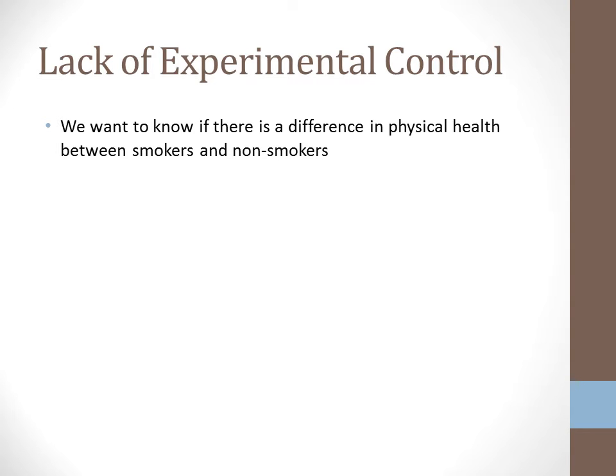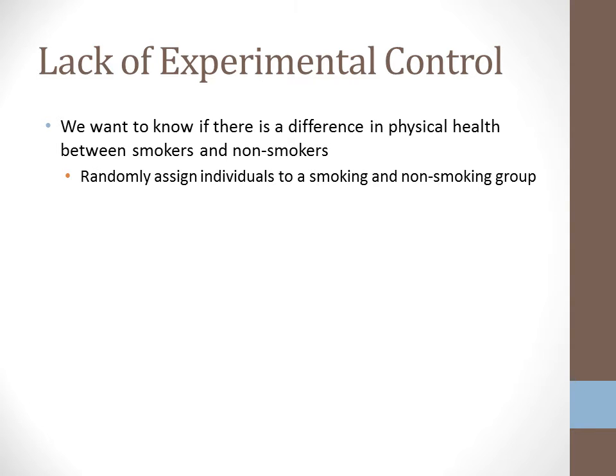So what if we want to know if there is a difference in physical health between smokers and non-smokers? If we were to do an experiment and randomly assign individuals to a smoking and a non-smoking group, we could then compare their scores on a fitness test to see if there's a difference in physical fitness.